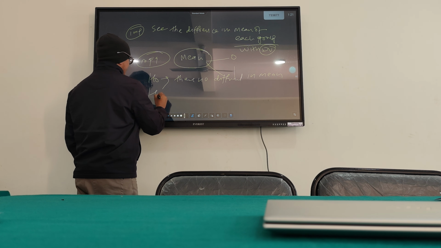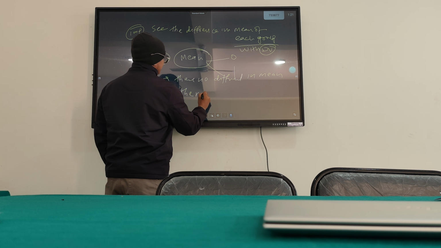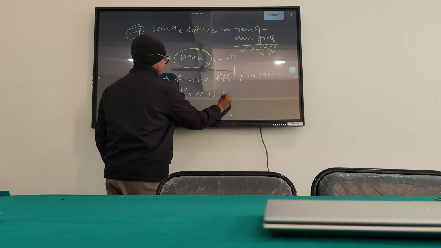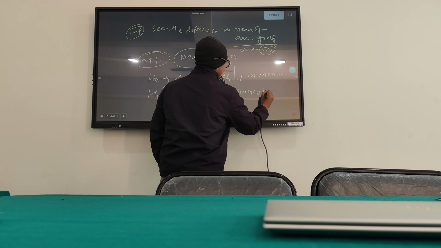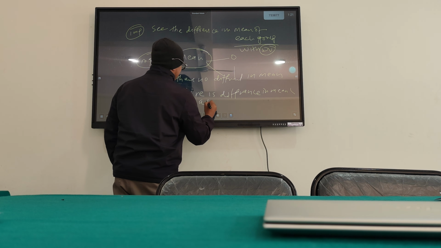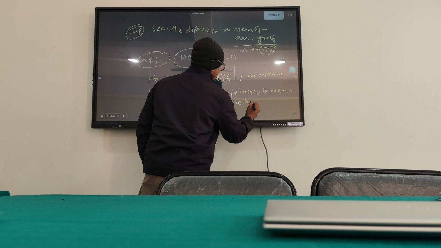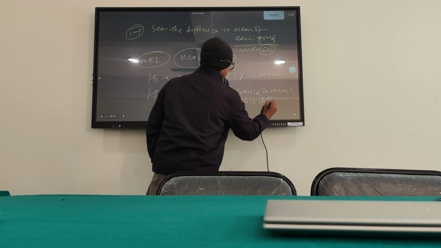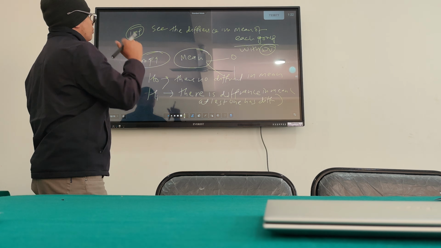And one more case is the alternative: there is a difference in mean. At least, I say at least one has a difference. So in this type of situation, we use one-way ANOVA.